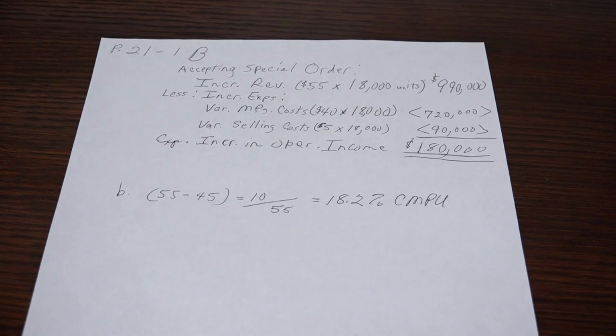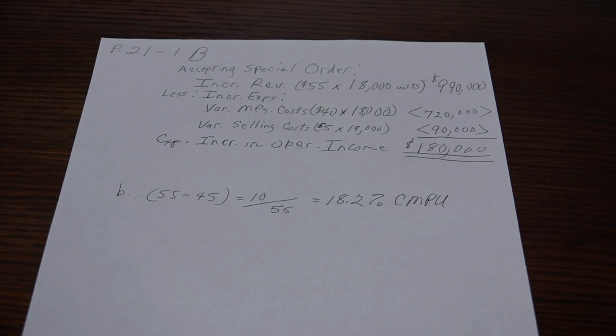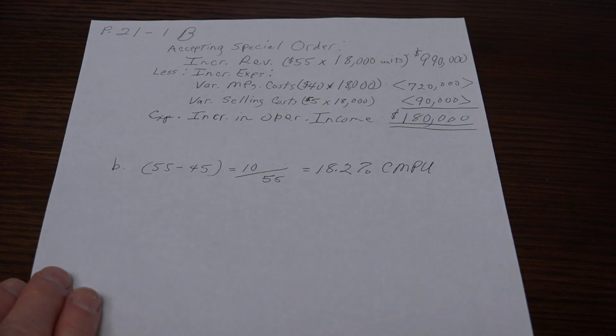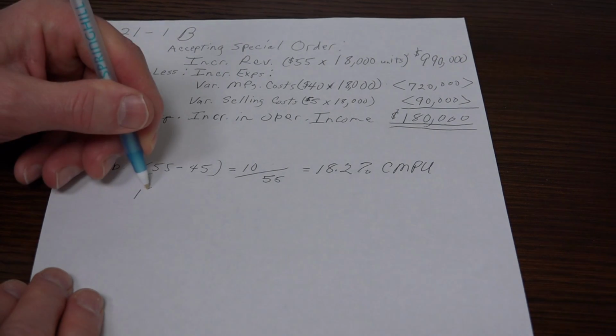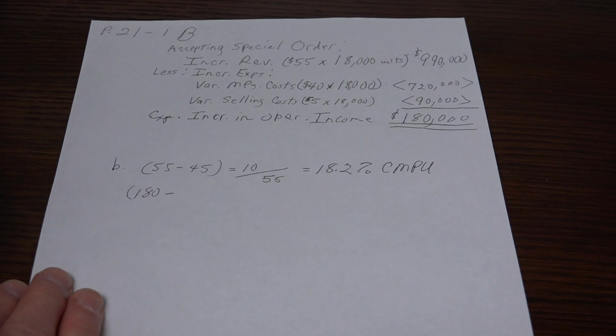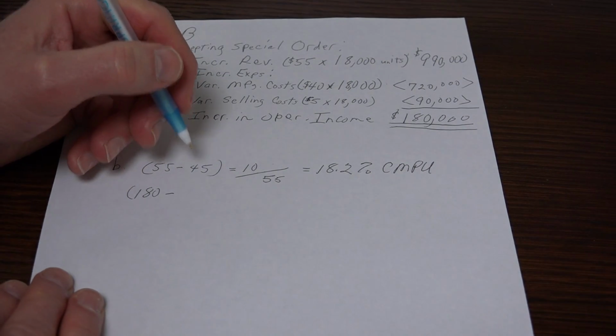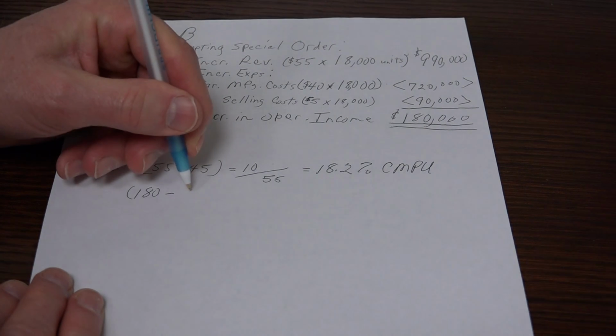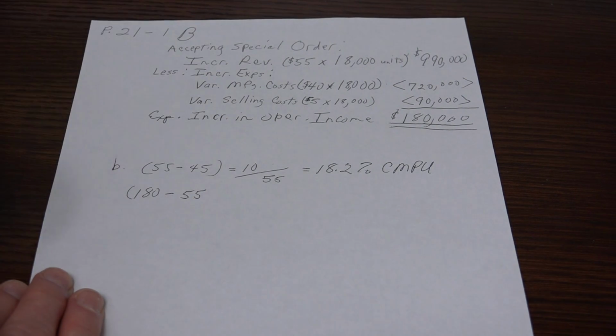Now for the regular stuff, the regularly manufactured stuff, it's 180 minus 55.